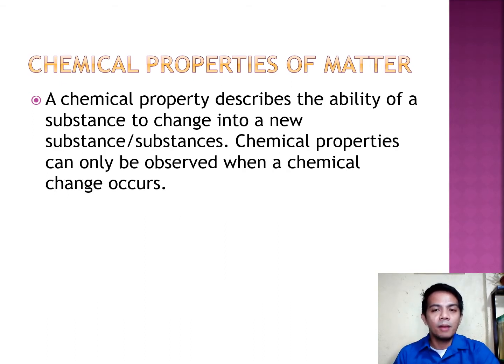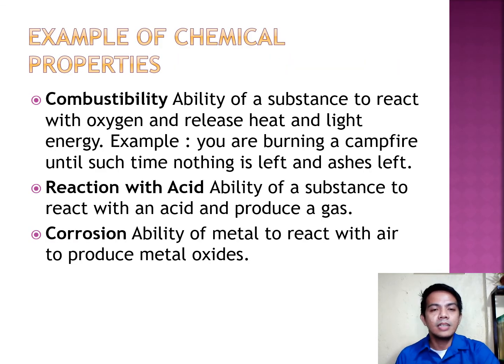So, chemical properties of matter describe the ability of a substance to change into a new substance or substances. Chemical properties can only be observed when a chemical change occurs. Examples of chemical properties are combustibility, the ability of a substance to react with oxygen and release heat and light energy.